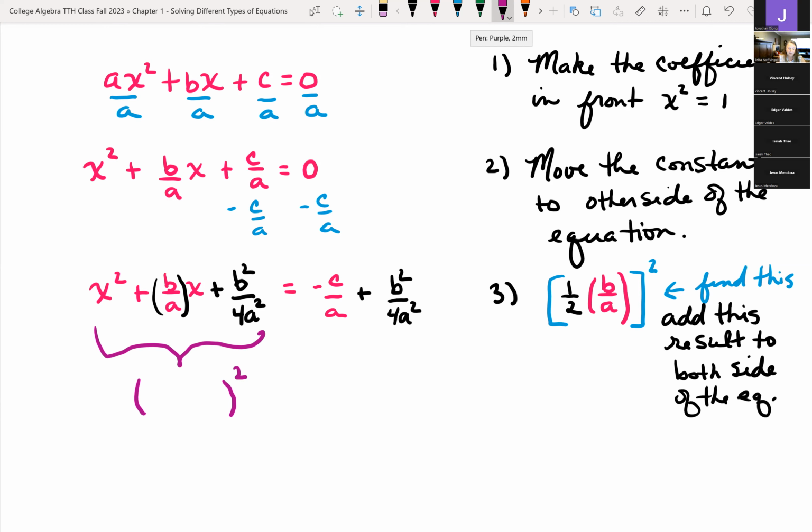So the same number that we would multiply to give us that constant b squared over 4a squared, and would add to give us b over a, is always going to be this value before you squared it, which is b over 2a.